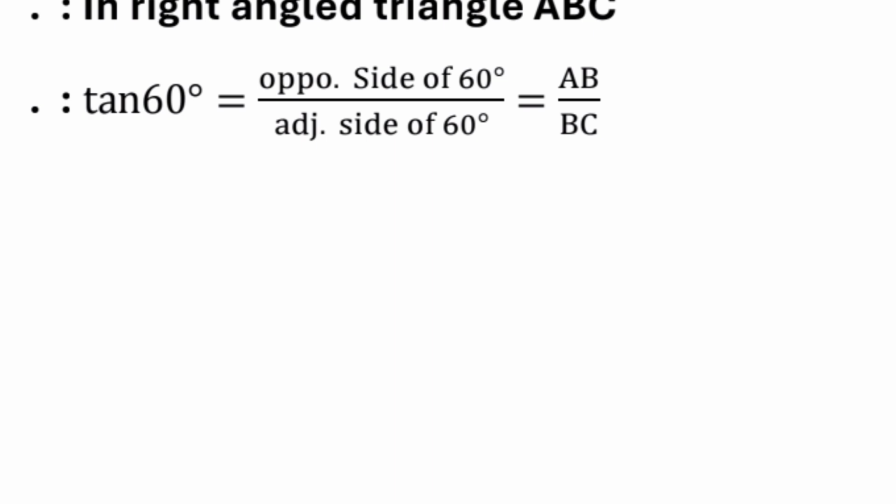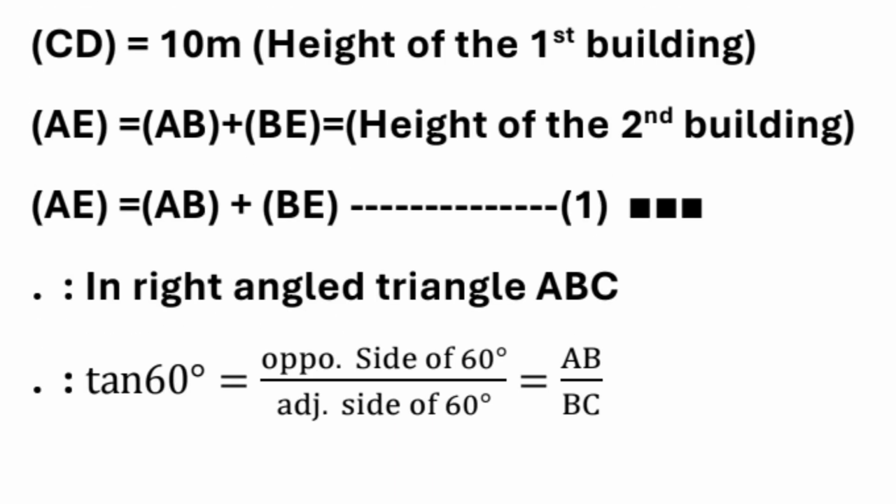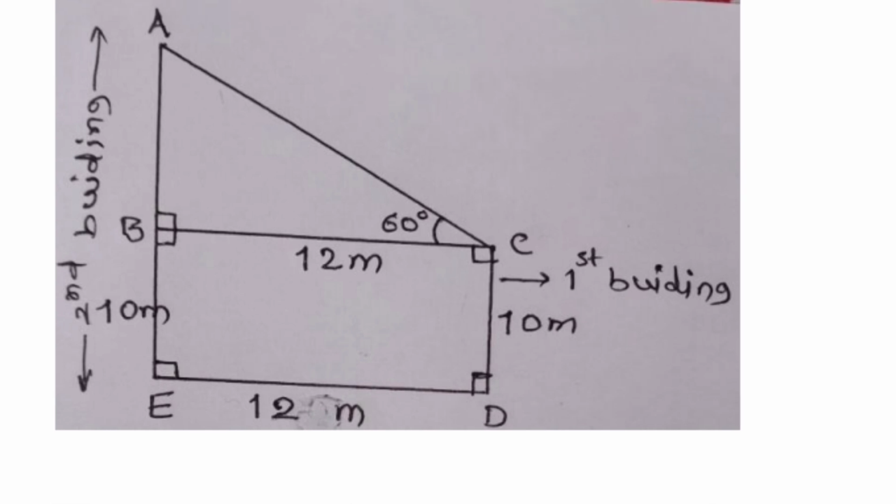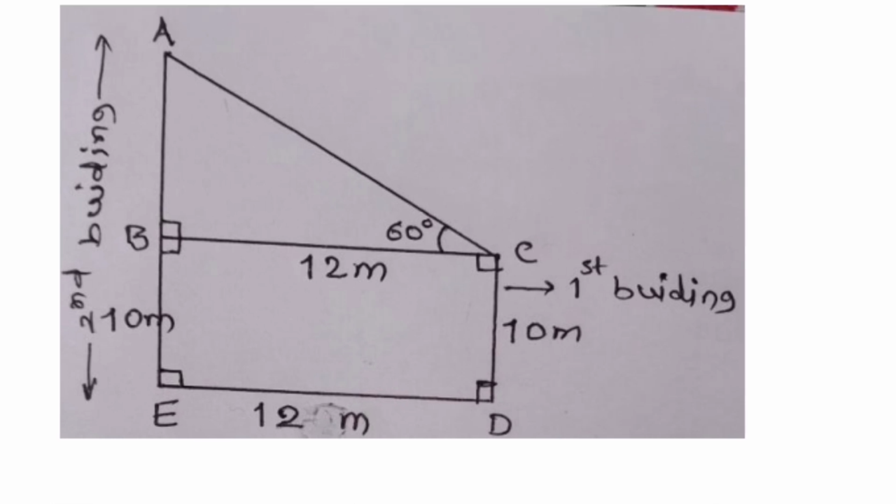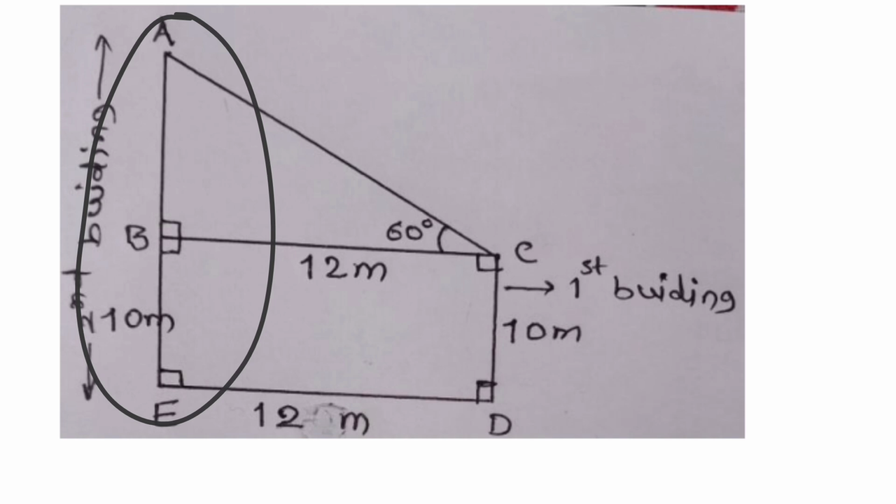Now we will find the total height of the second building. The height of the second building is AE. Therefore AE is made from AB plus BE. Now our AB is 12 root 3. Therefore AE is equal to AB plus BE.